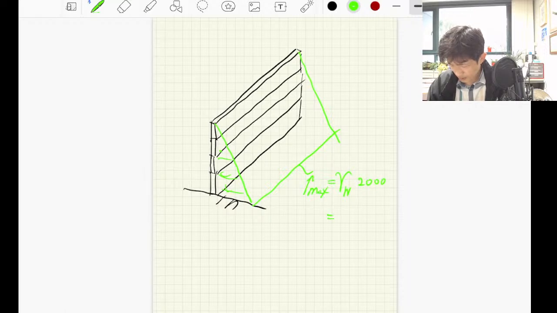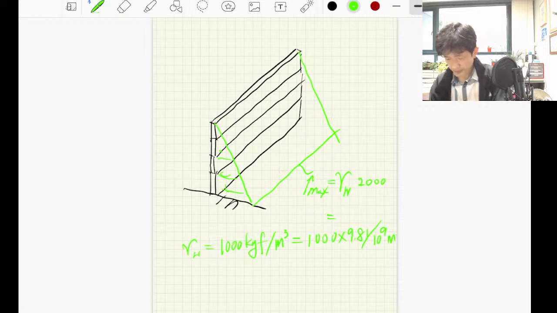Then let's try to calculate it. The specific weight of water, gamma W, is 1000 kilogram force per cubic meter, isn't it? If you change it to the Newton unit, it is 1000 times 9.81, the gravity acceleration, divided by 10 to the power of 9 cubic millimeters.